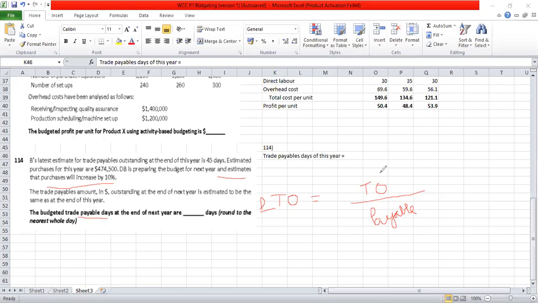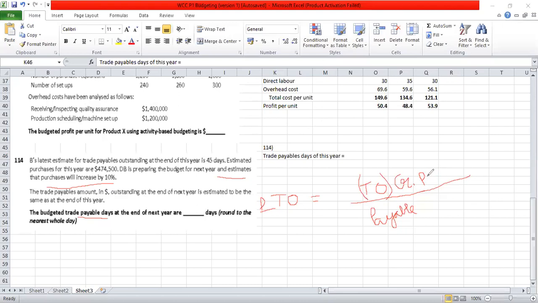But what is turnover? I said it is basically sales, but payables and sales are not connected. Why would payables arise? Payables arise because of credit purchases. They have purchased, but they have not made the payment, so there is a payable arising.